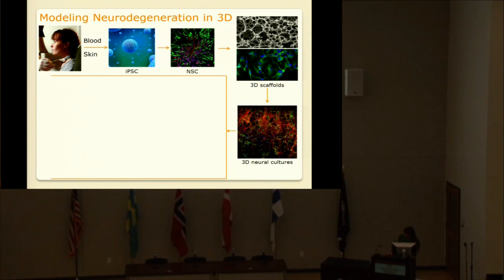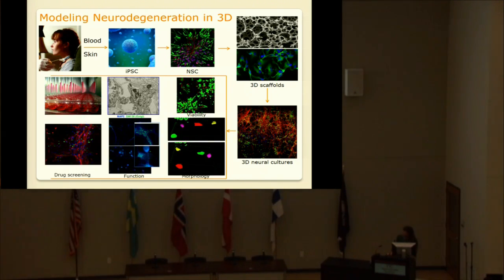So our lab studies these cells in 3D, as I mentioned. We take patient cells, derive our neural stem cells, and then seed them in one of 2 three-dimensional formats. From there, we study these 3D neural cultures for viability, morphology, and cell deficits that might be targetable in terms of drug screening, and then develop those platforms for future drug screening.